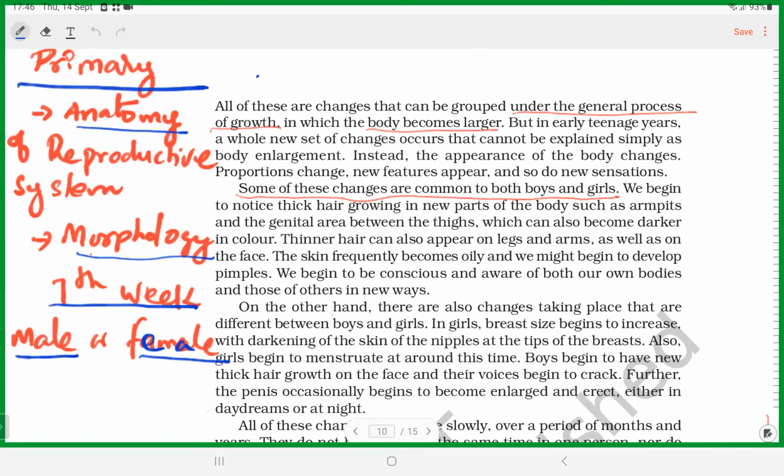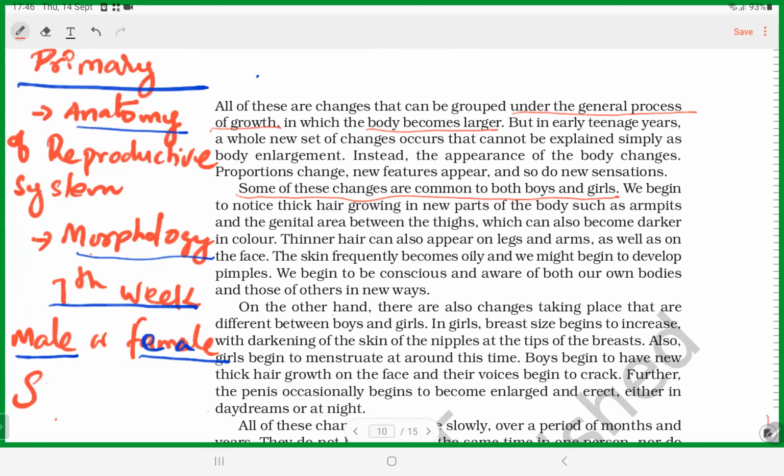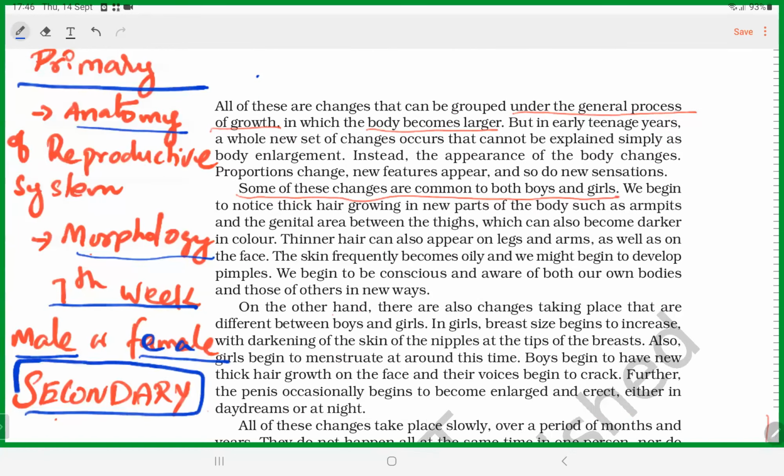And what are the secondary sexual characters? Secondary sexual characters appear when you reach puberty.